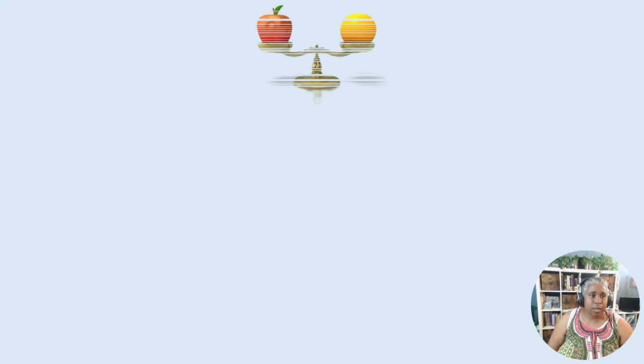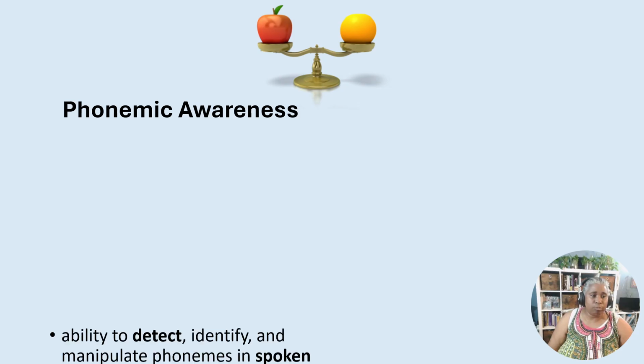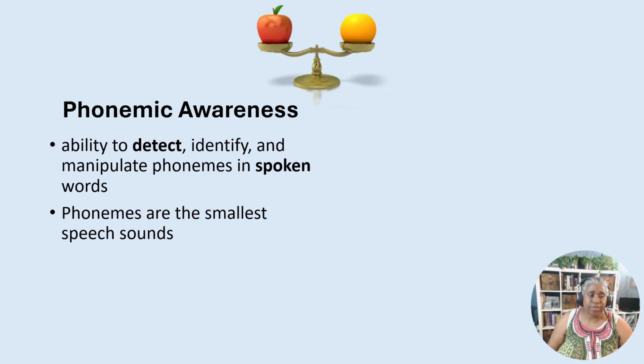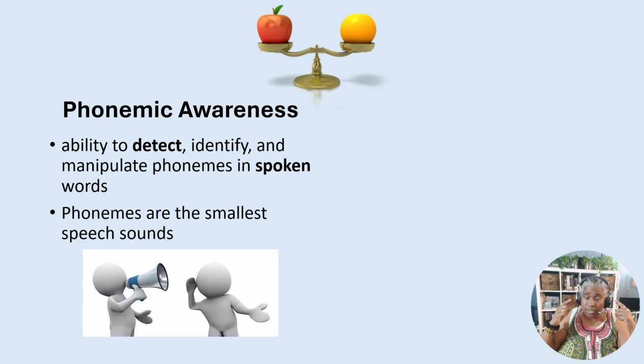To bring it home for you, let's compare phonemic awareness to phonics. Phonemic awareness is the ability to hear, so there's no writing involved. For example, I would say my name is Wanda. Wanda begins with W, and I would ask my tutee to tell me their name and tell me the first letter sound they hear in their name.